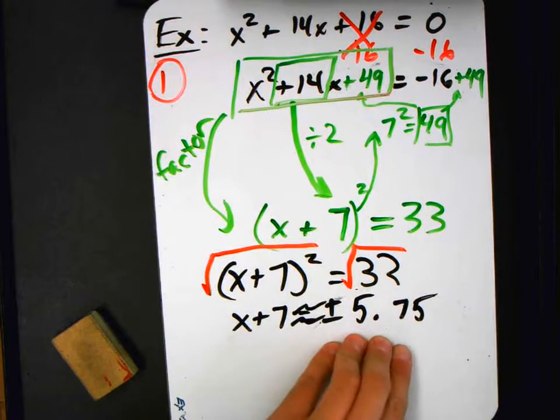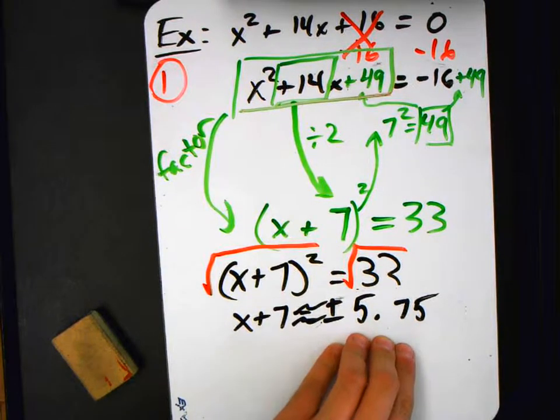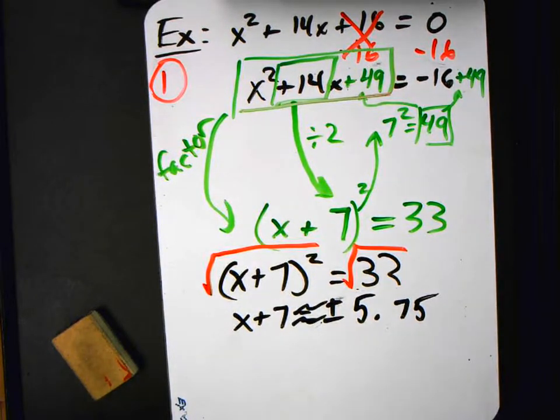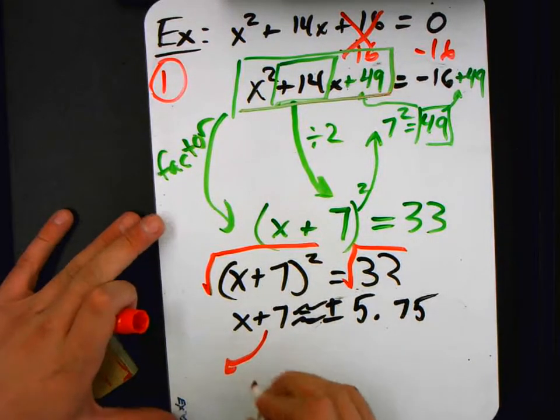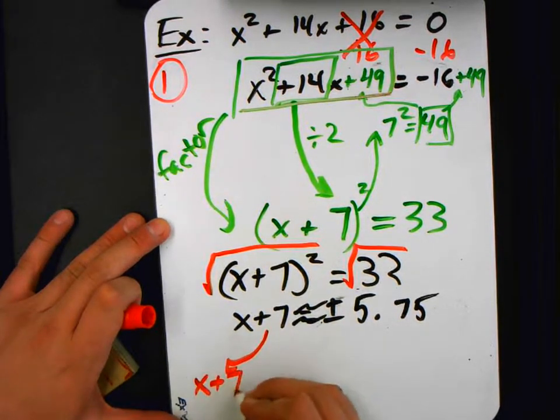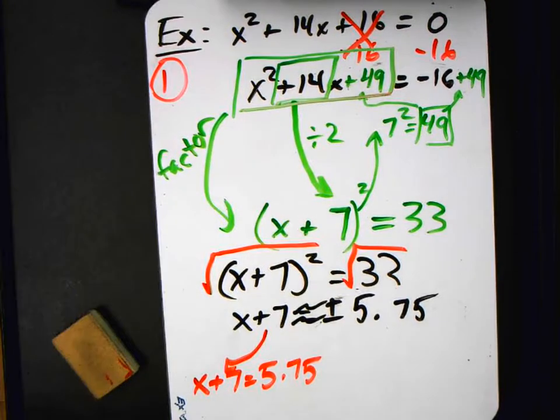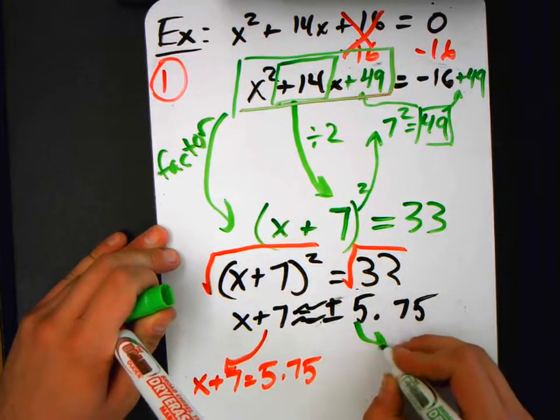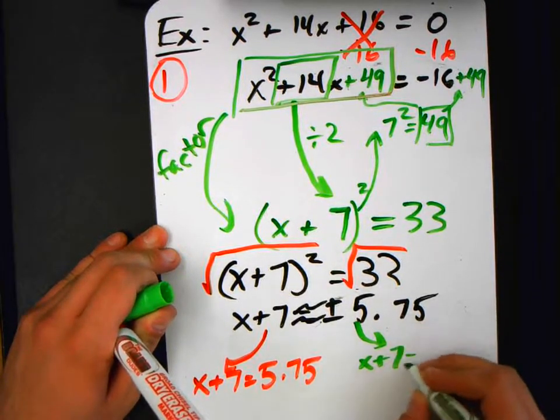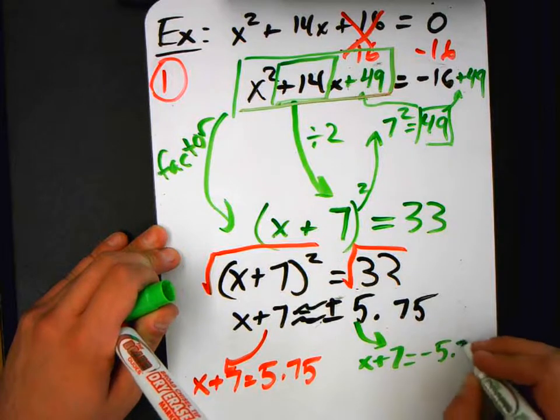I'm going to take each of those plus and minus and rewrite two equations, splitting them up. So the first one is going to be x plus 7 equals 5.75. And the second one is going to be x plus 7 equals negative 5.75.